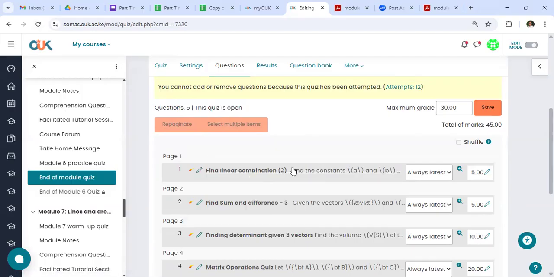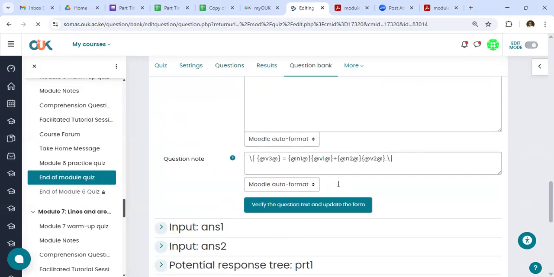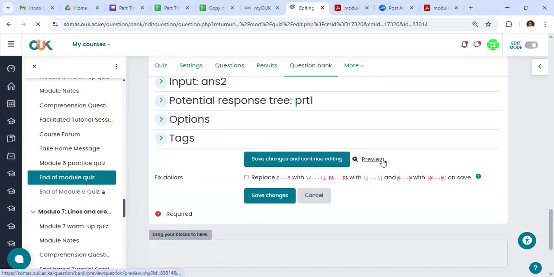That's the same tool; Stack works behind Maxima. Let's preview this one. Yes, it will give you boxes where you input the values, so you don't have to type the matrix.